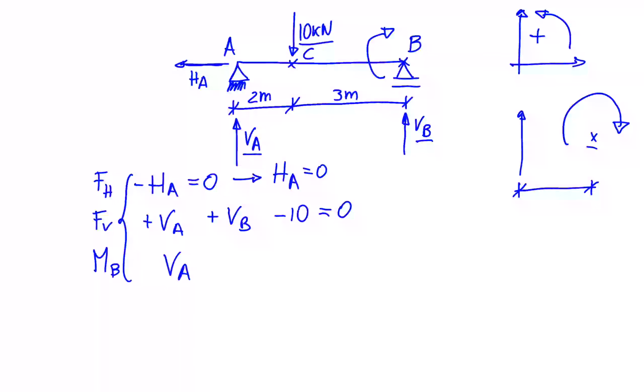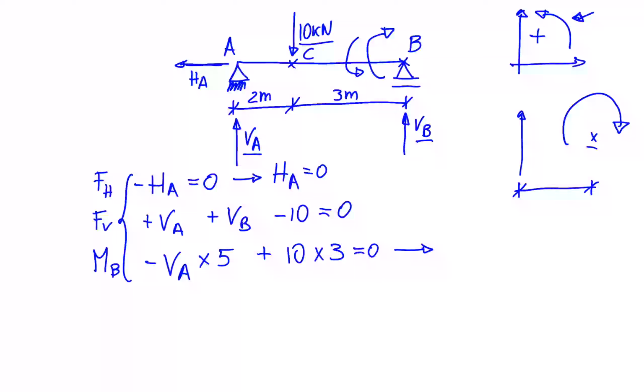So VA produces a moment, which is VA times the distance, 5, and it rotates opposite to this direction here, so it's negative. Then the load makes the bar rotate like this around point B, so it's positive, and the distance is 3. VB passes through point B, so it causes no moment.